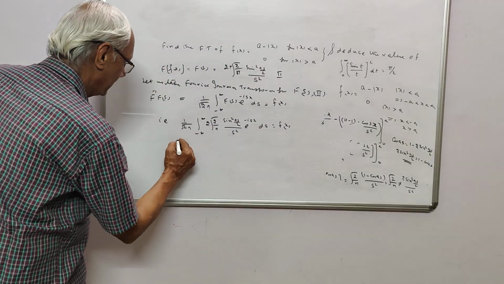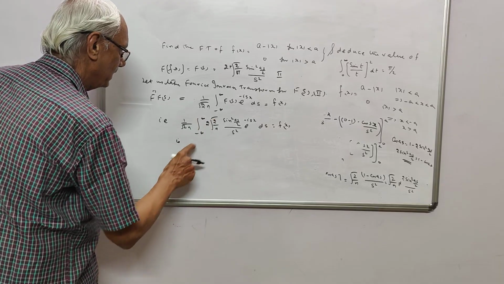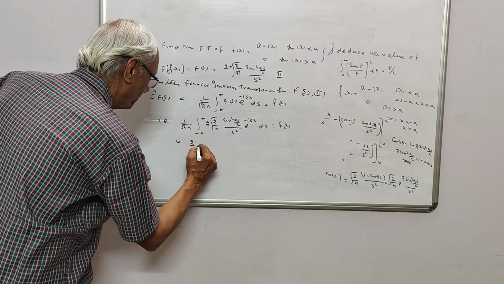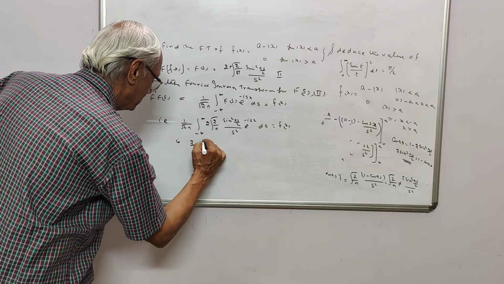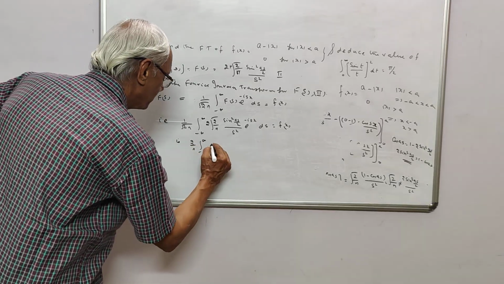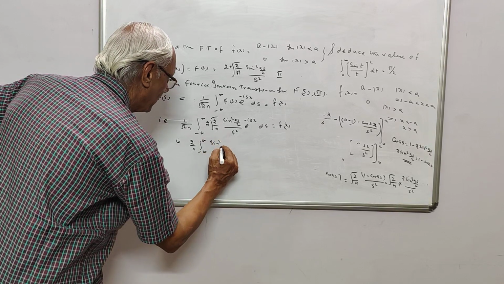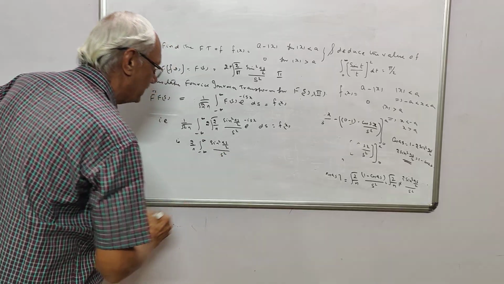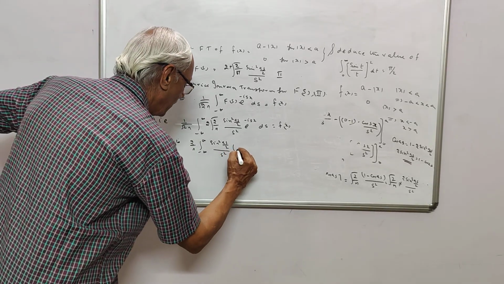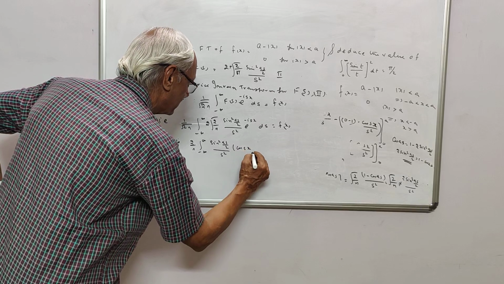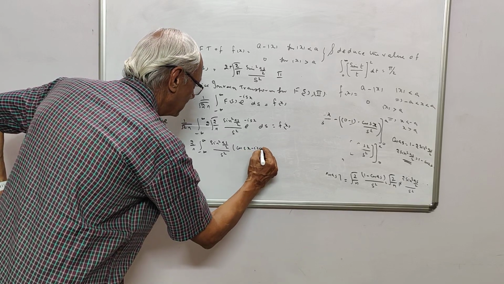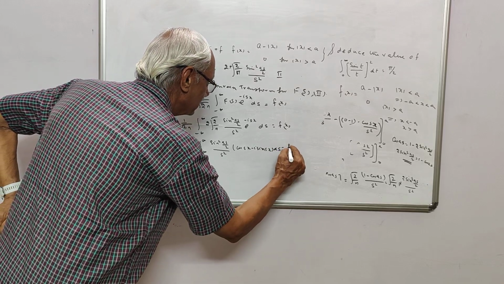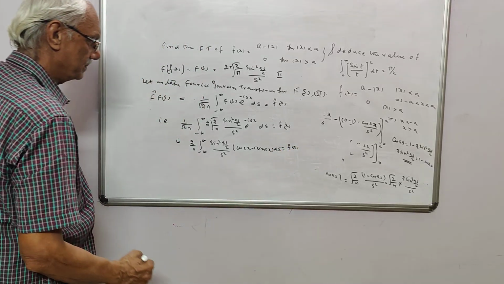Now you see that if you take this, root 2 will go off, giving you 2 by pi. It is the integral from minus infinity to plus infinity of sine squared as by 2 divided by s squared into cos sx minus i sine sx into ds, equal to my f of x.